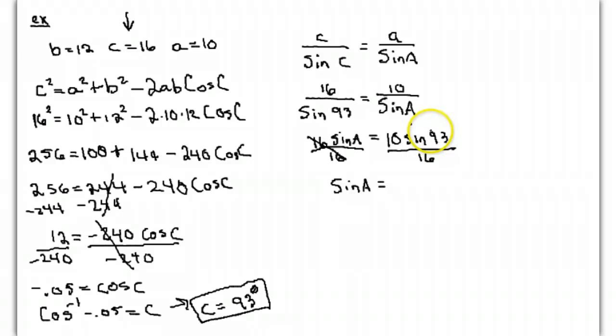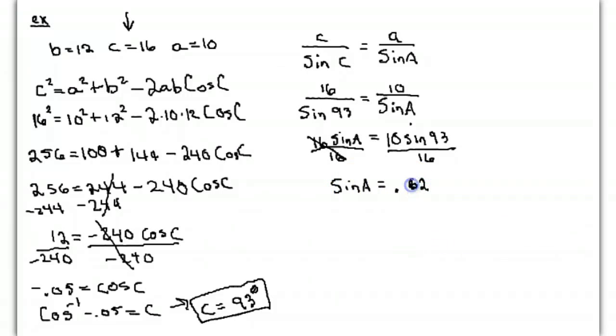Is that what y'all got? 0.62? I'm going to go with the 0.62. Let me put it in there. 10 sine 93. Yeah, it's 0.62.